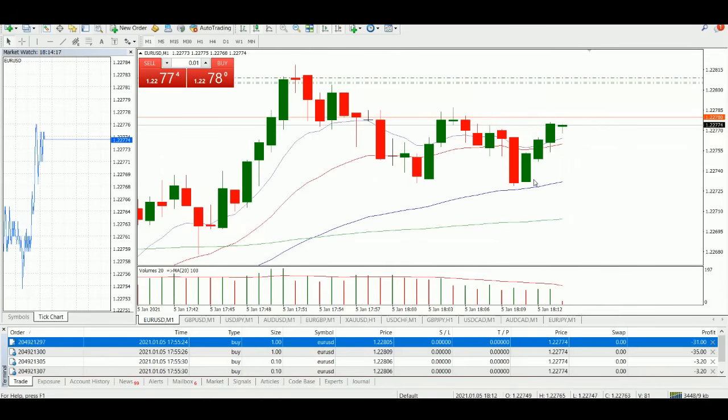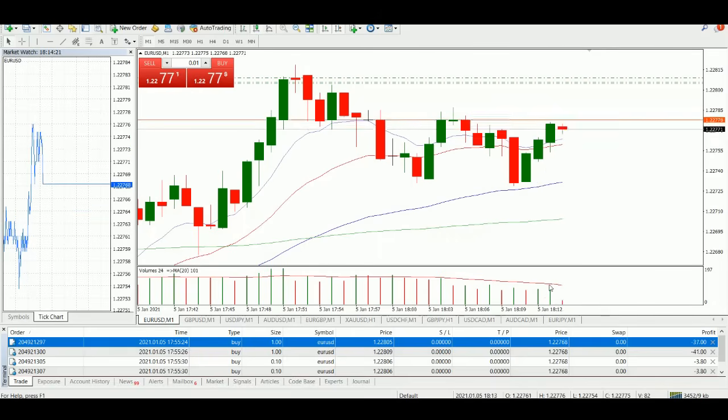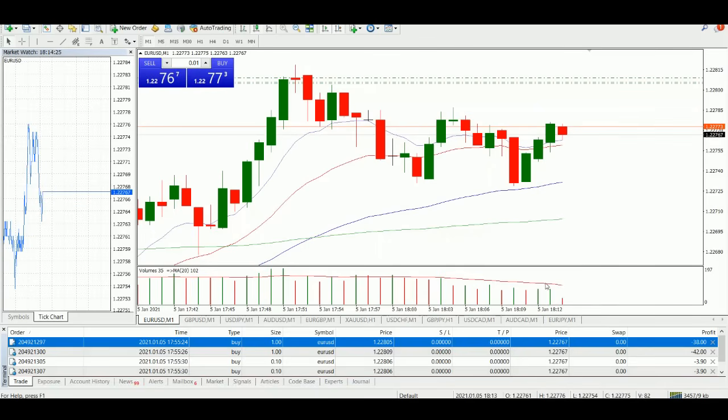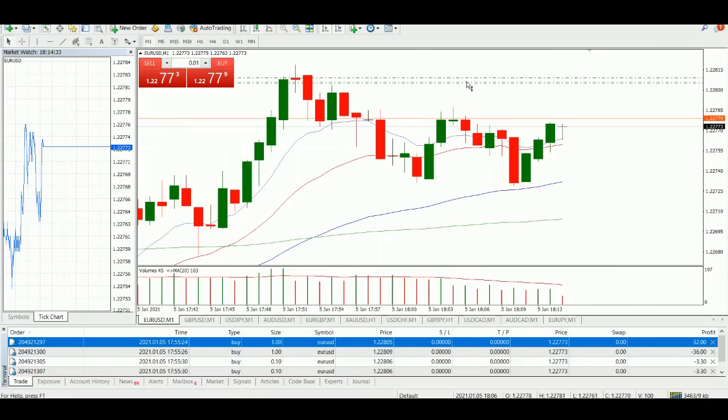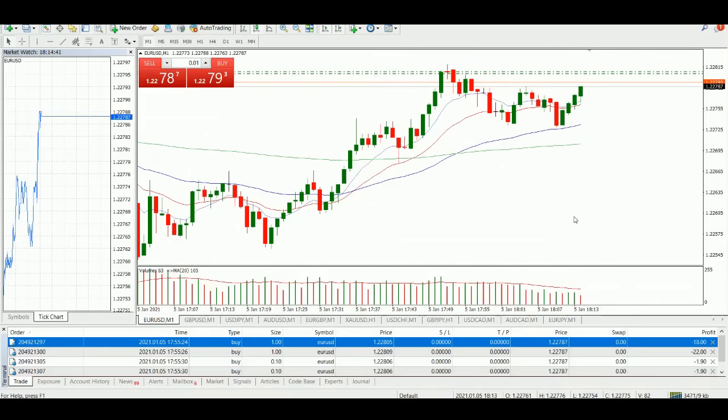Finally, let's see. We are still missing the big volume sign, at least crossing EMA 20. That's it. In this case, price would remain going on sideways. It would be either slightly below your orders or slightly above your orders. So no worries.